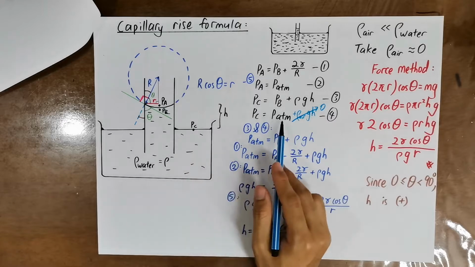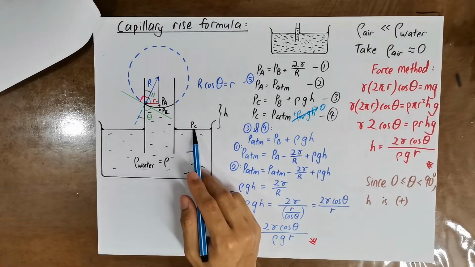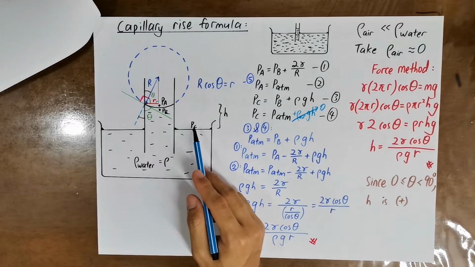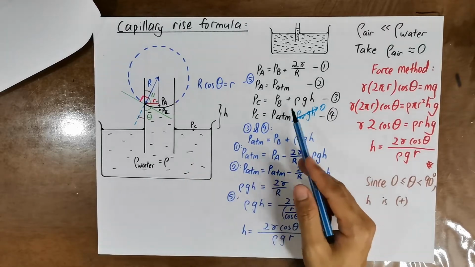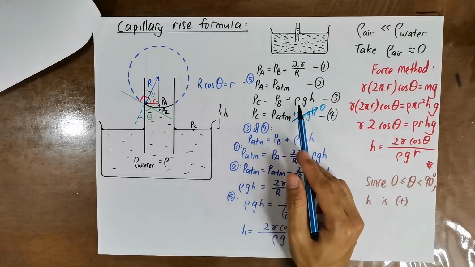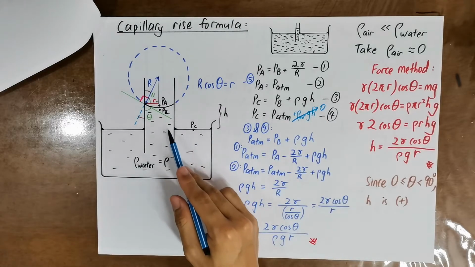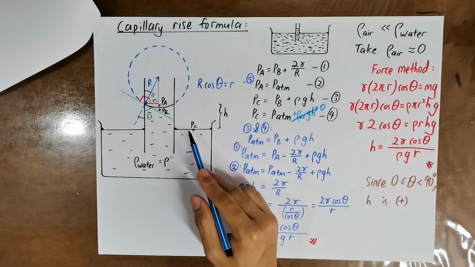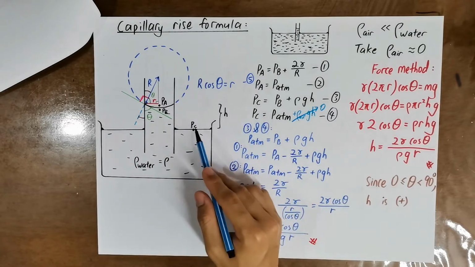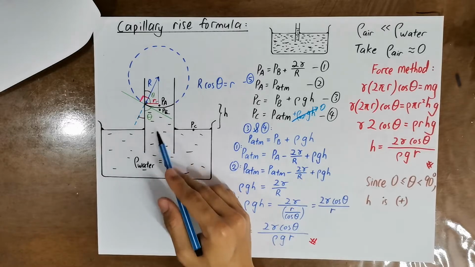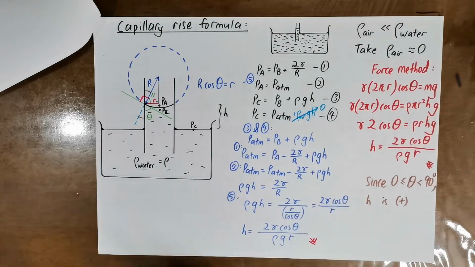The point C is at the interface between the water and the air, and PC equals PB plus rho g h. Rho g h is the water pressure here.